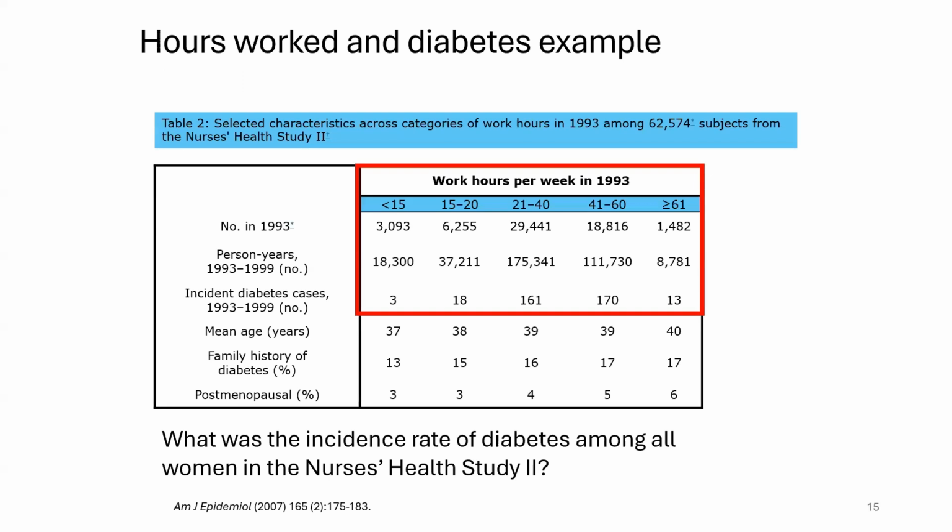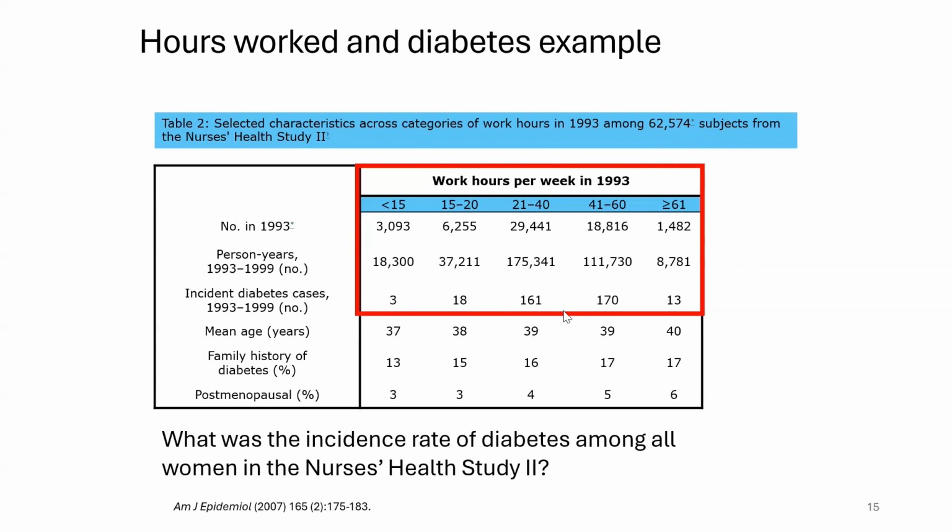So here we have an example of a study that looked at nurses between 1993 and 1999, where researchers captured the number of hours worked per week and then the incidence of diabetes. So to calculate the denominator, we add up across this row here the amount of time or person years that were observed among the 62,000 subjects that were observed.